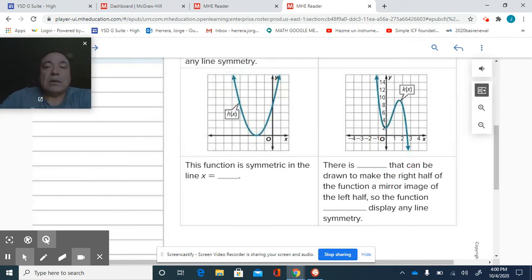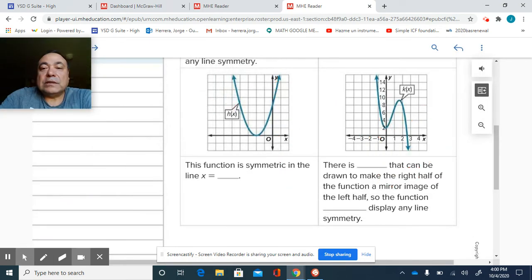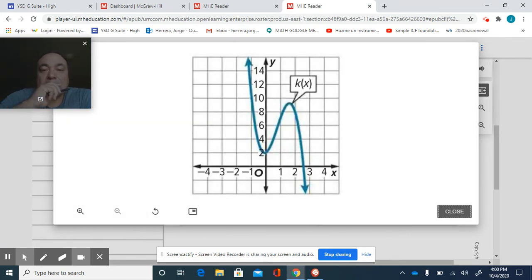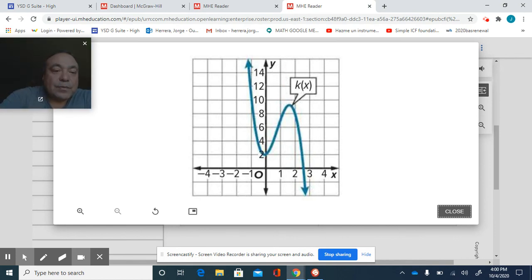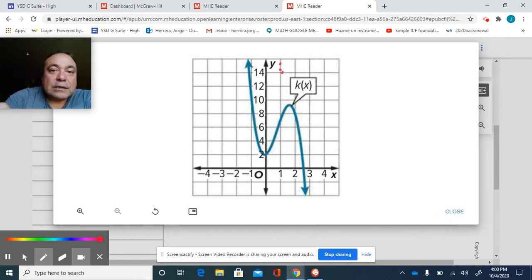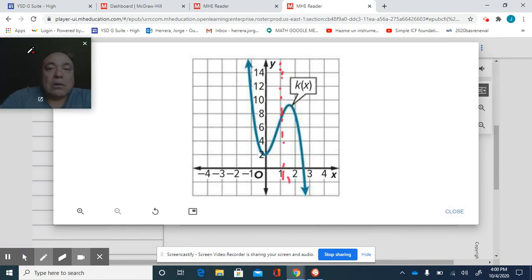Okay, now let me go to this one. What about this one? Let's see if we can get that one. Okay, let's look at this one, guys. If I did a line of symmetry somewhere here, so let me see. I did a line of symmetry right there. Uh-oh, I don't get it. Okay, what about here? Uh-oh, I don't get the same thing. What about here?